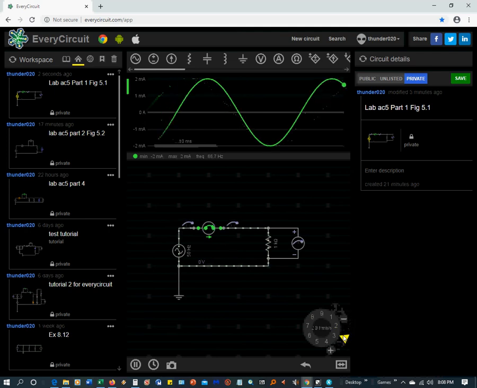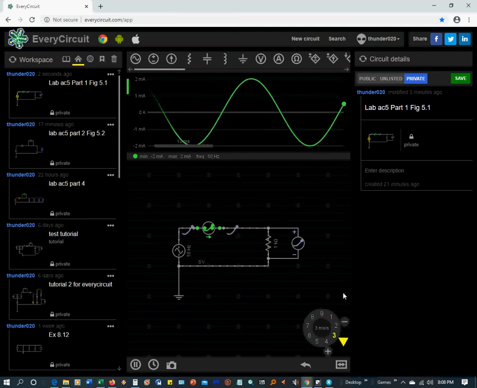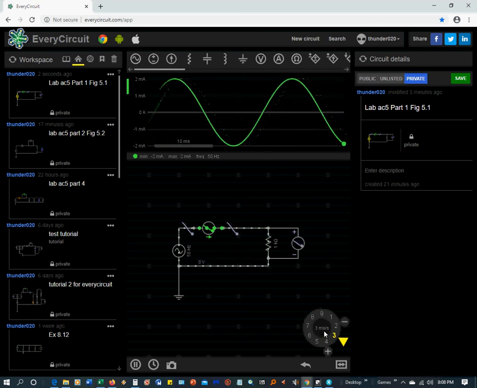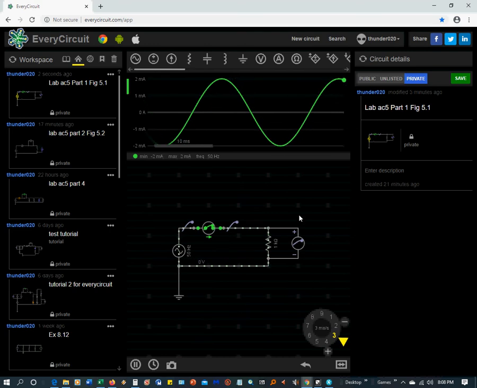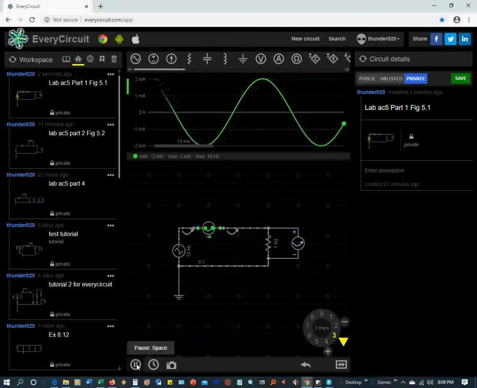Yeah, this is a good tool. So you can see now we're at a more proper time scale. I made it 3 milliseconds per division. So now you can see that it's going between plus and minus 2 milliamps.